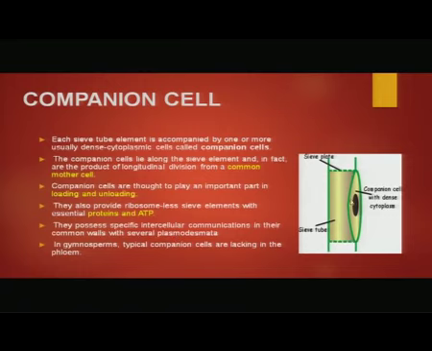So, they are in continuous communication with the sieve tube cells with the help of several plasmodesmata that are present between the companion cell and the sieve tube cell. In gymnosperms, typical companion cells are lacking in the phloem, but then there are no sieve tube cells also in the gymnosperms. Instead, the sieve cells are present and the function of companion cell there is performed by the albuminous cells.